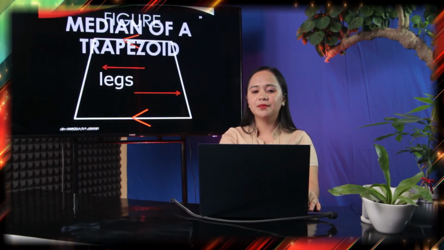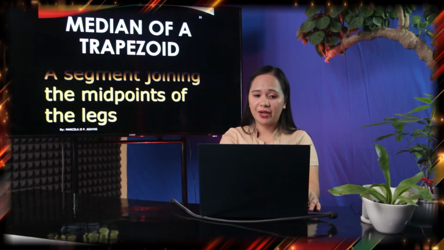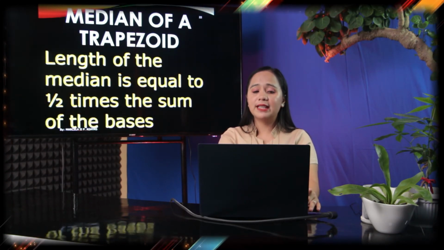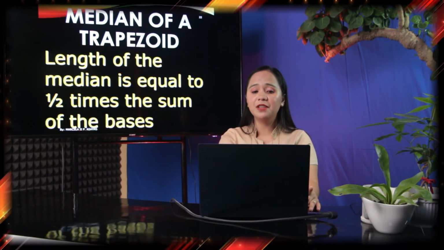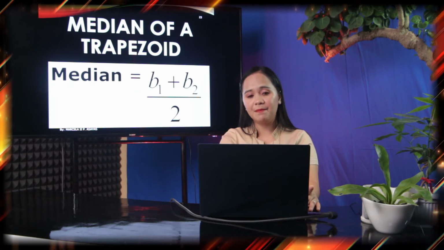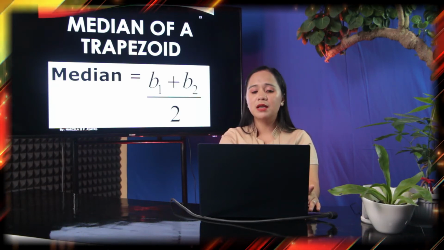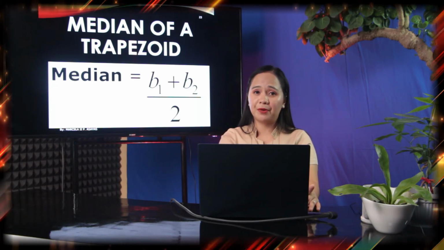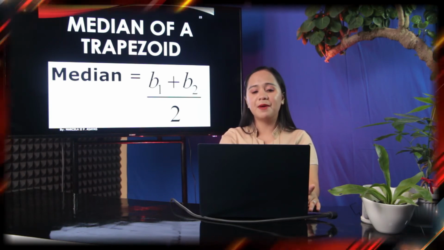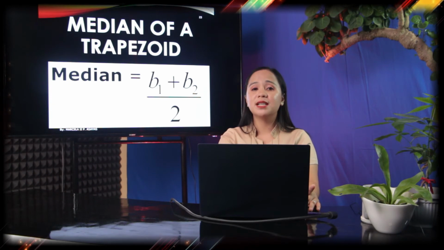So, the median of the trapezoid, it is a segment joining the midpoints of the legs, and it can be measured by the length of the median is equal to 1/2 times the sum of the bases. So we have the formula, median is equal to B sub 1 represents upper base and B sub 2 represents the lower base. So base sub 1 plus base sub 2 divided by 2.